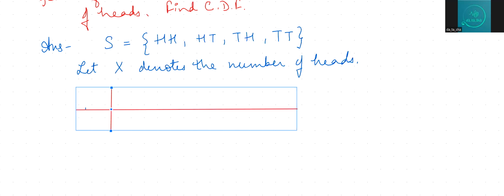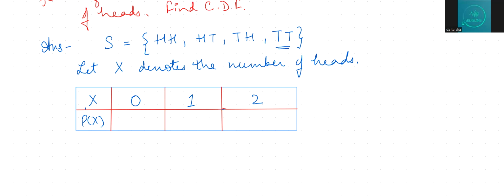So this would be X, and this is my P of X. As in the above question, the number of heads could be 0, it could be 1, and it could be 2. Now, when it is 0, we are talking about this case, where we are having two tails.